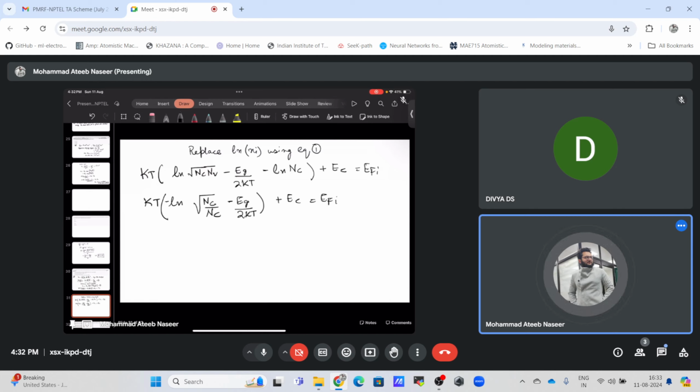Or simply this is Ec minus Eg by 2 minus kT by 2 ln of Nc by Nv. Sorry, it should be Nv over here.